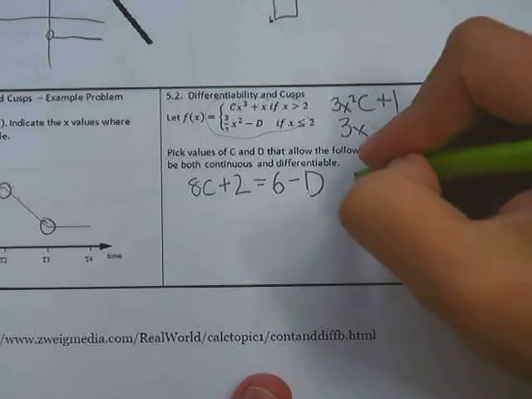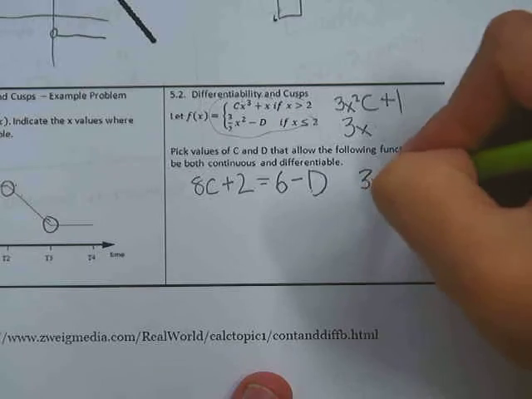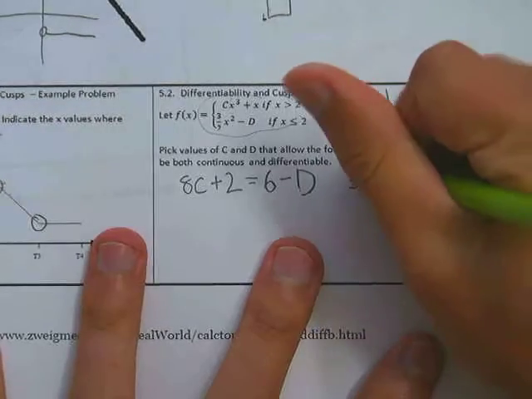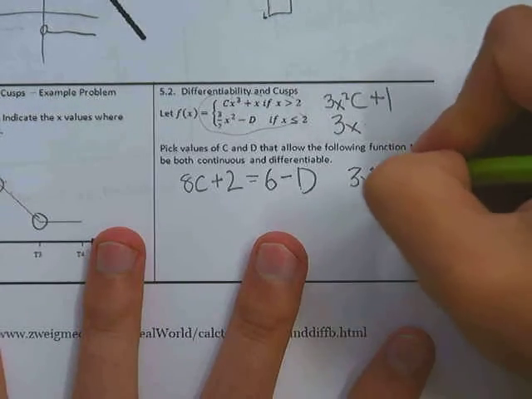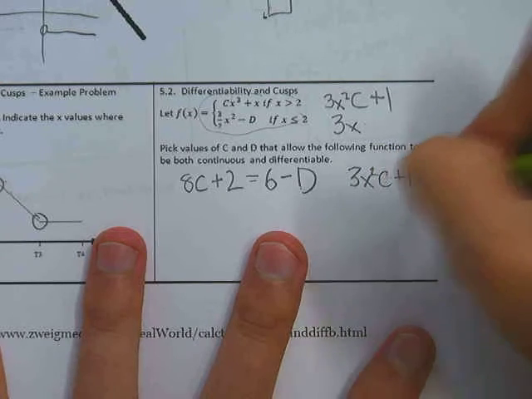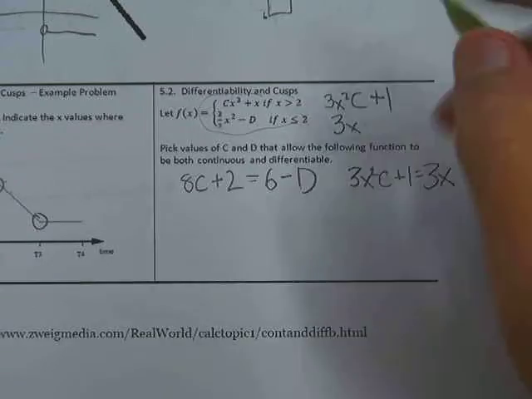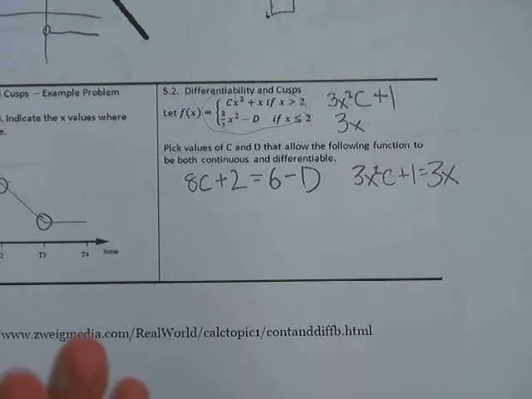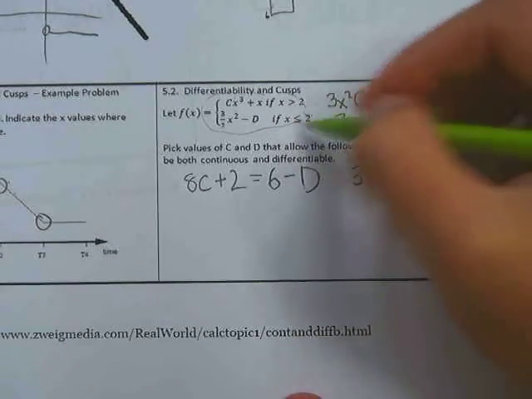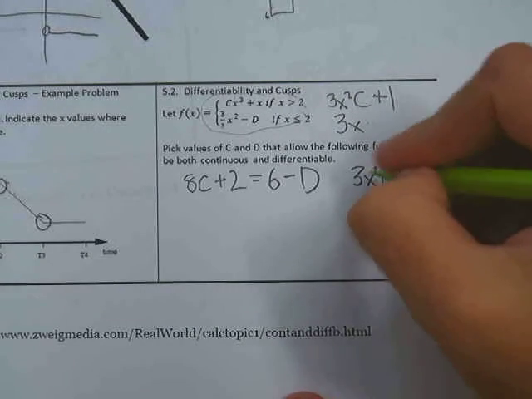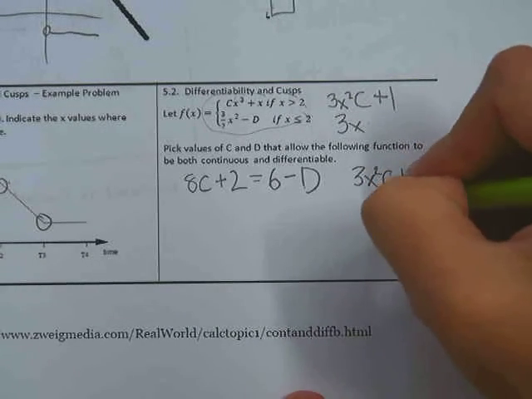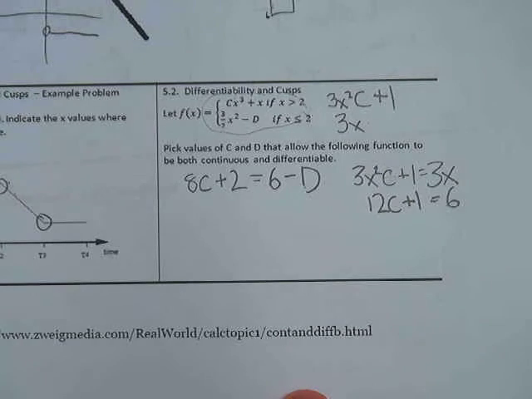So the equation is 3x squared c plus 1 equals 3x. What I forgot to do is plug in 2, because the derivative where we're testing for differentiability is at the same point. So we're actually going to get 12c plus 1 equals 6.